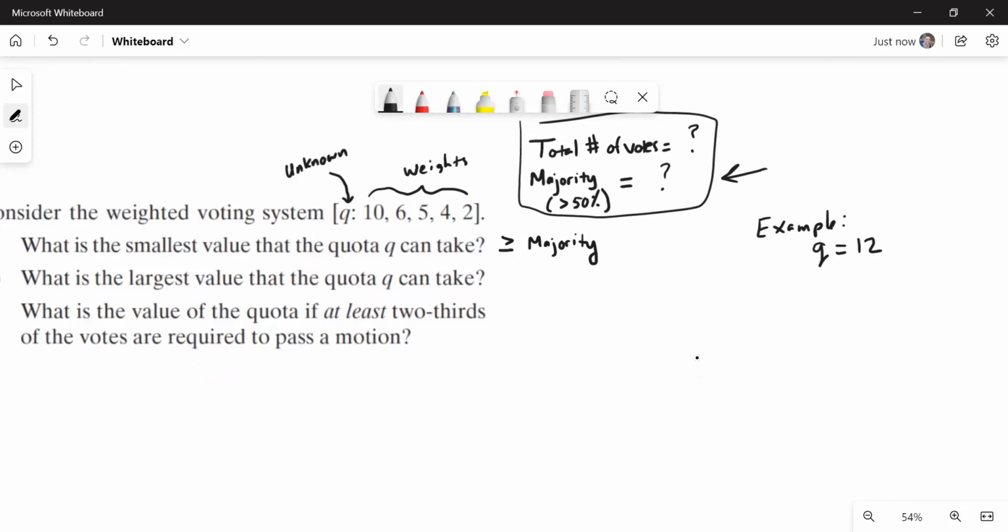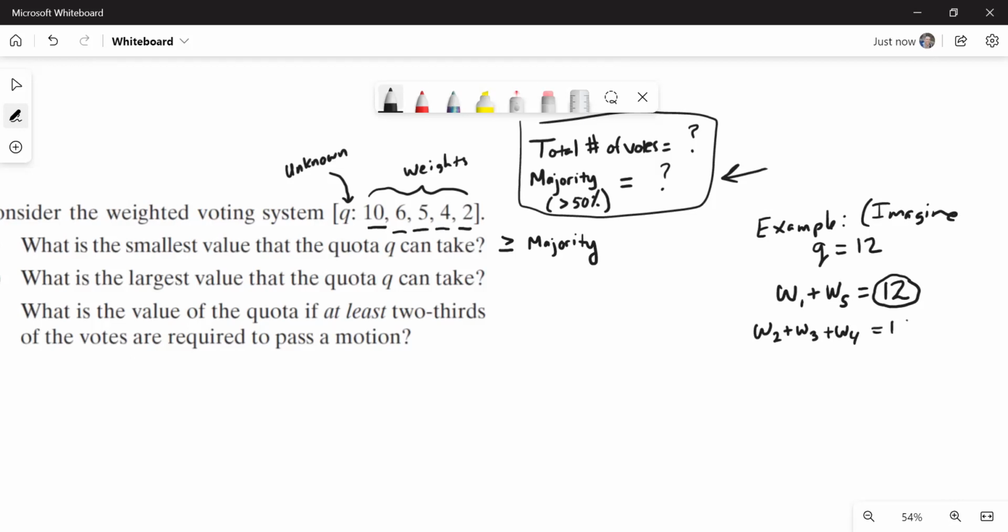Imagine if it was 12, right? This is just a dream. Then notice that if we took the weight of player 1 plus the weight of player 5, the weight of player 1 is 10, the weight of player 5 is 2, we would get 12. So that means that just those two players alone could say yes to any initiative they were proposing. But if you add up the weight of player 2 and player 3 and player 4, that would be 6 plus 5 plus 4.